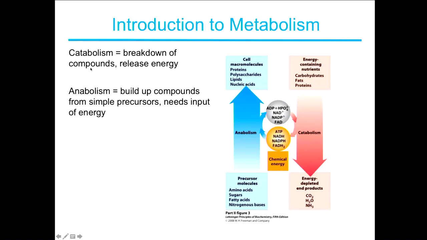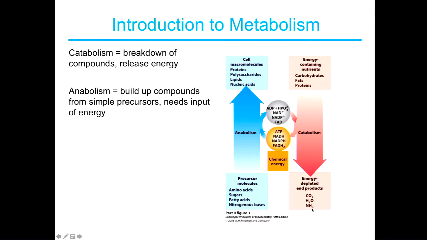It's the breakdown of compounds with the release of energy, and it's over here in the red. Over here in red we have things like carbohydrates that we might eat, fats, proteins. In the process of catabolism, we break them down into smaller molecules. First, maybe amino acids and lipids, but eventually, if we go all the way through catabolism, we end up with carbon dioxide, water, ammonia, some very small molecules.